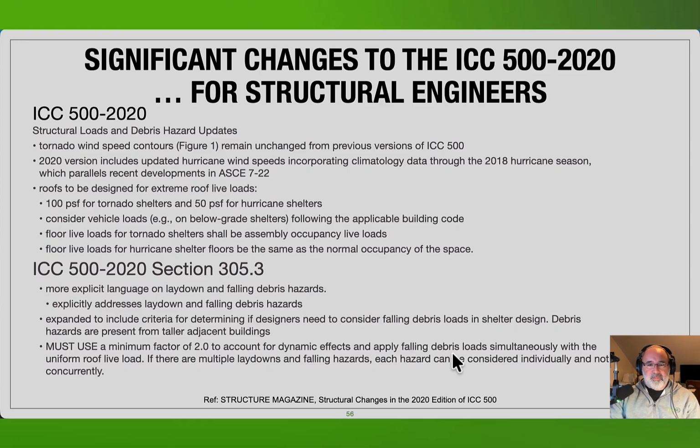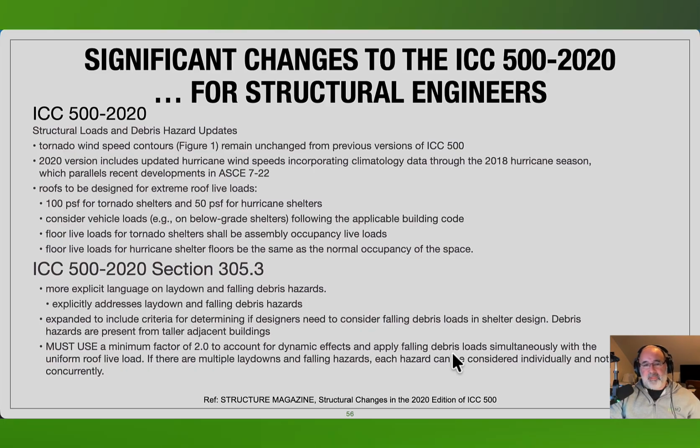Then ICC 500 2020 Section 305.3 has more explicit language for laydown and falling debris hazards. Again, I still think there's a lot of engineering judgment that needs to go into those elements. It expanded to include some criteria for determining if designers need to consider falling debris, and if the shelter design debris hazard is present in taller adjacent buildings.